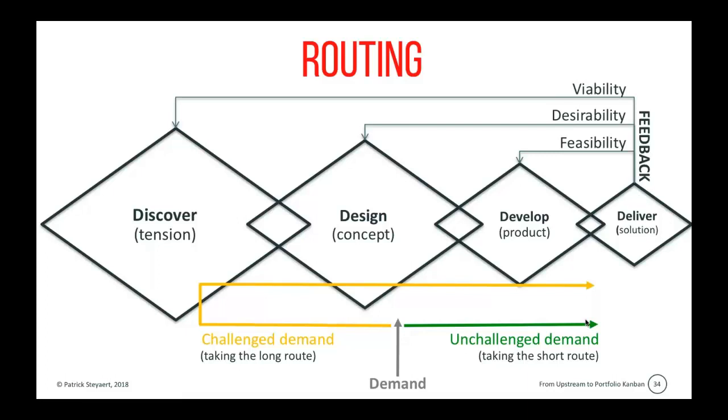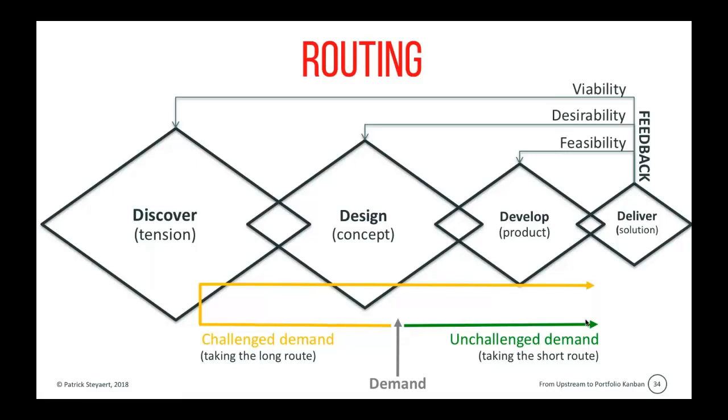So triage is a form of routing here. We cannot challenge all demand, so sometimes we need to leave demand unchallenged. We suspect that the demand is not going to become a risk or something that escalates. So in that case, we leave the demand unchallenged.